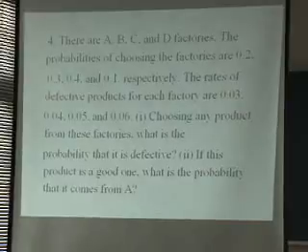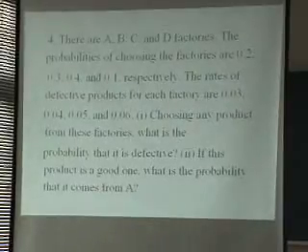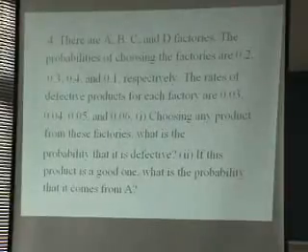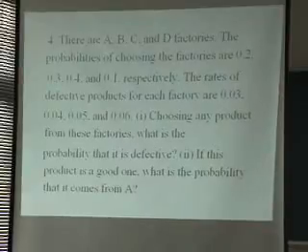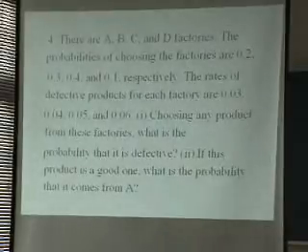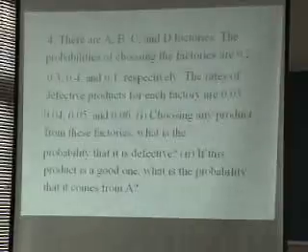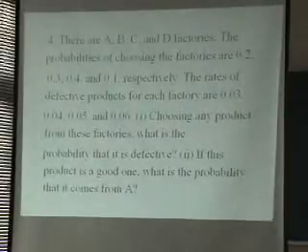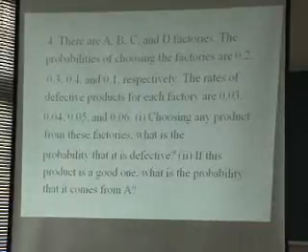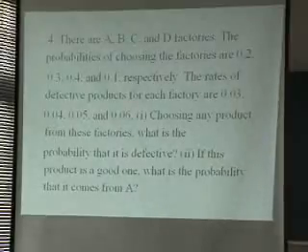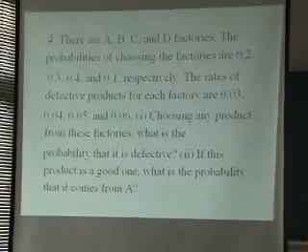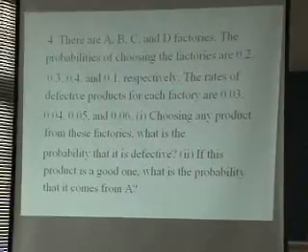It will be 0.2 times 0.03, plus 0.3 times 0.04, plus 0.4 times 0.05, plus 0.1 times 0.06, right? Now the question is a little bit different. If this is a bad one, what is the probability that it comes from A? Because what we know is that it is defective, so now you need the conditional probability. Basically that's the same thing, Bayes theorem.